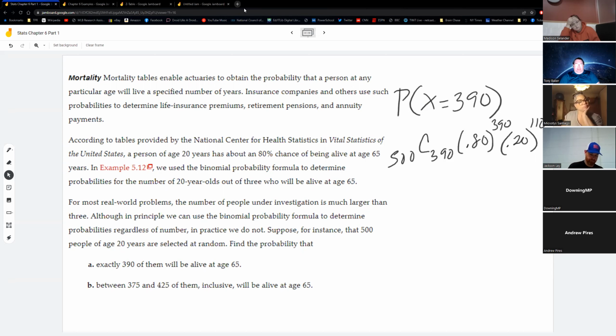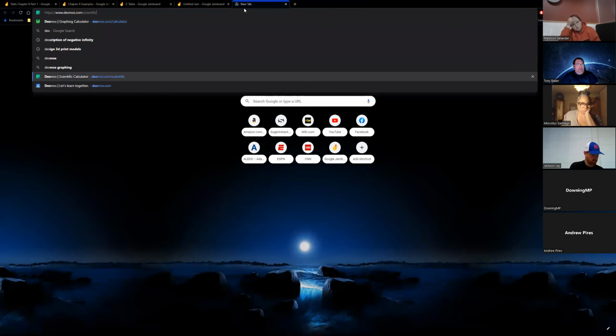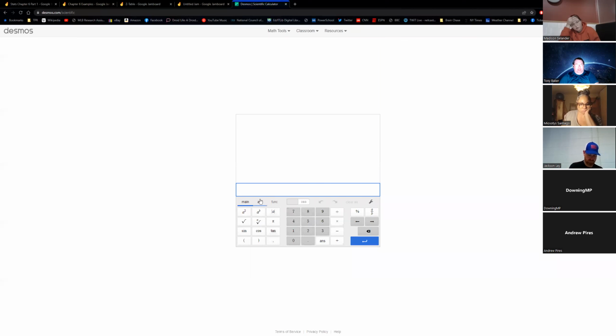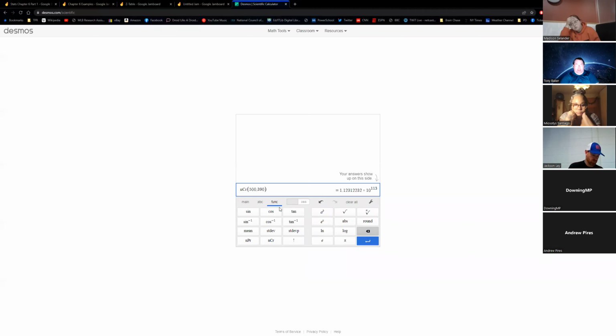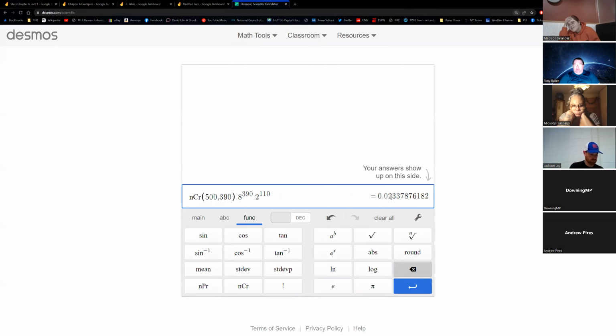If we do this on Desmos, which I'm going to do so you can see it, we did 500 choose 390, times 0.8 to the 390, and 0.2 to the 110. So we get, for this one, 0.023%.